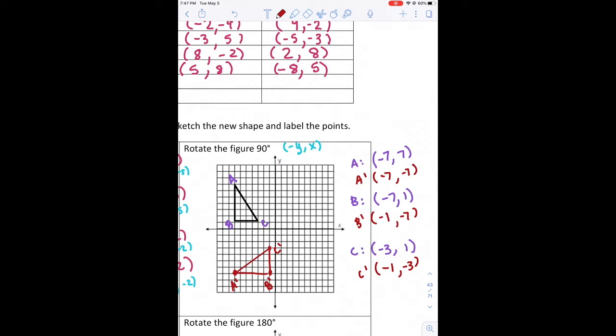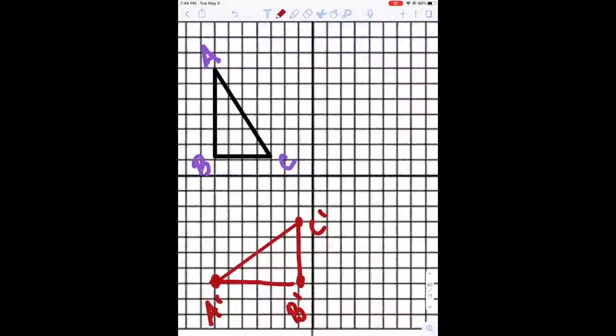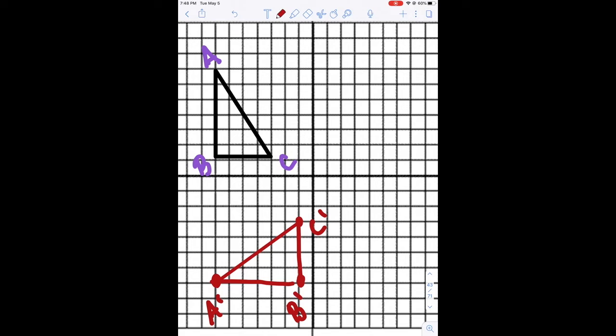And you can kind of see how the relationships change. So for example, if I start at the origin and I go to C, I'm going 1 up and 3 left. So 1 up, 3 left.